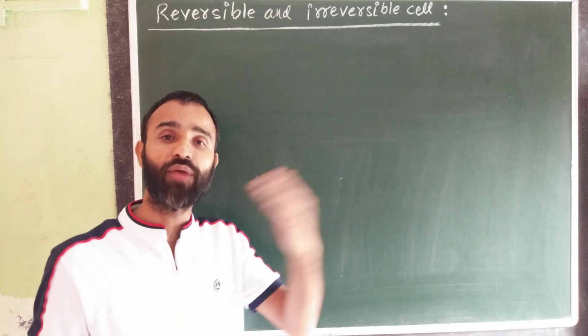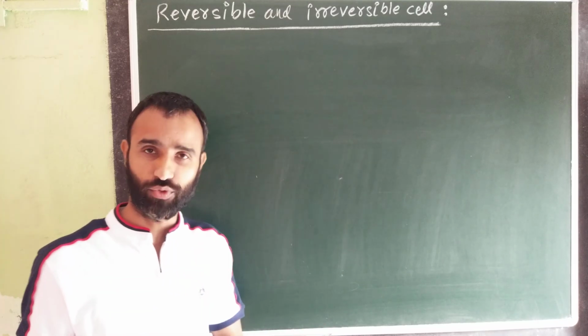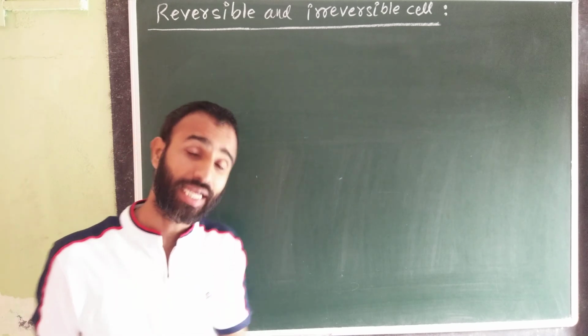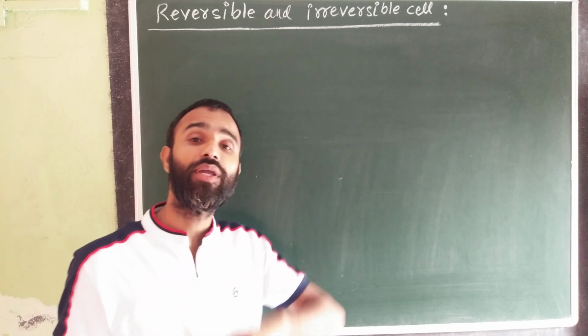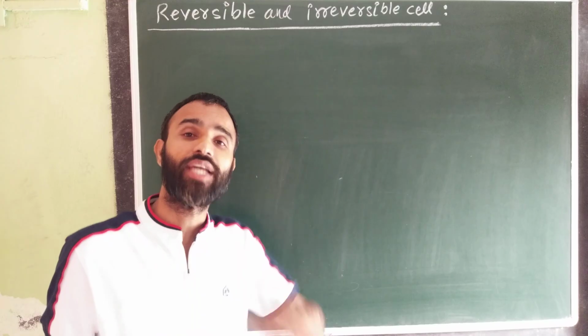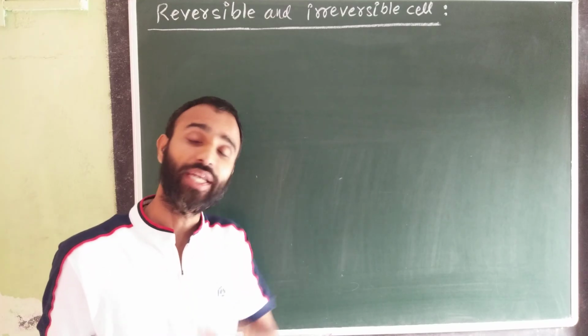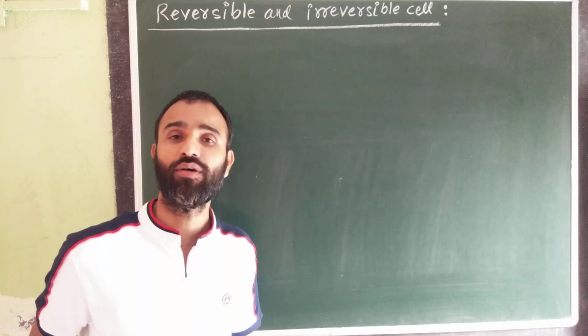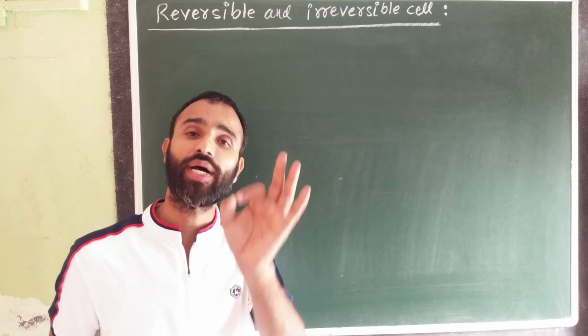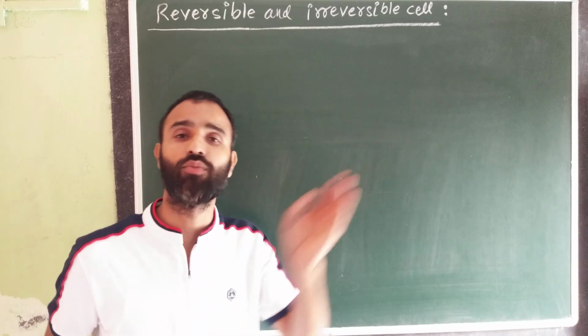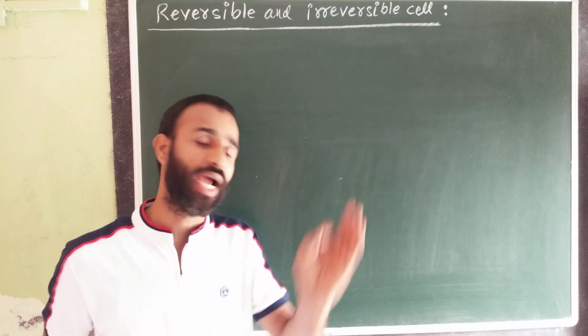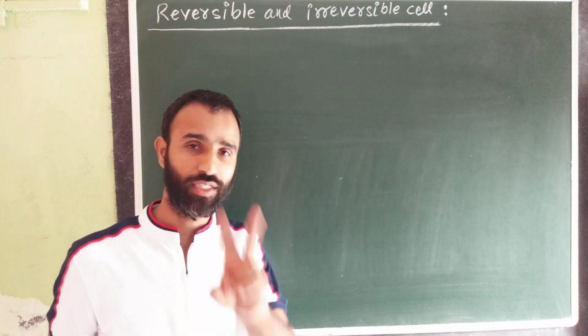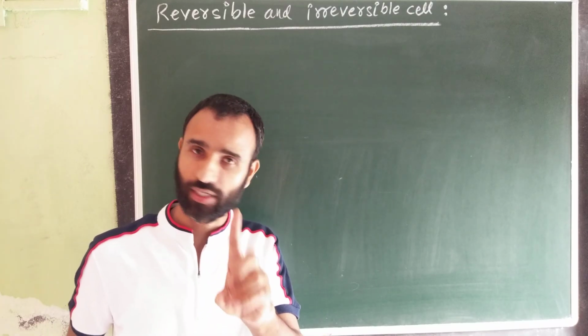That is the first condition. Second condition, it can be reversed at any stage. Any change can be reversed by applying a force infinitesimally greater or smaller than the one acting on it. Got it? These are the two points, right?